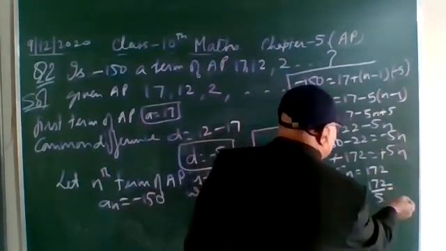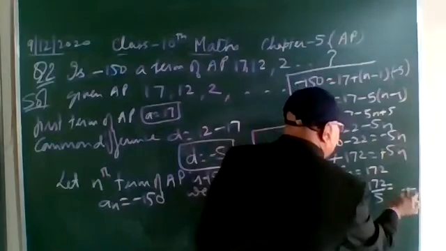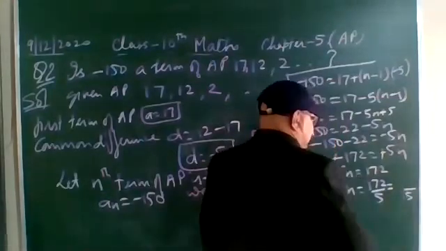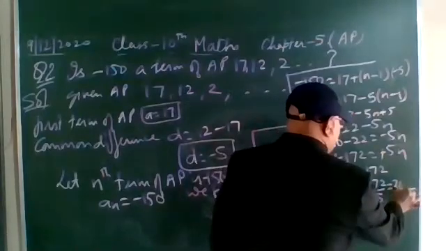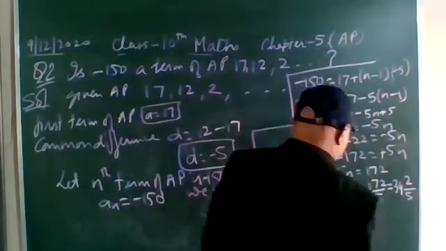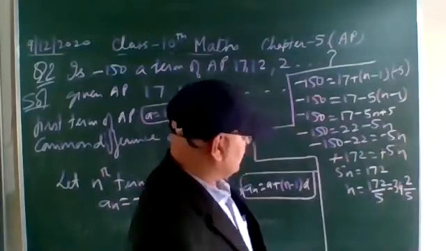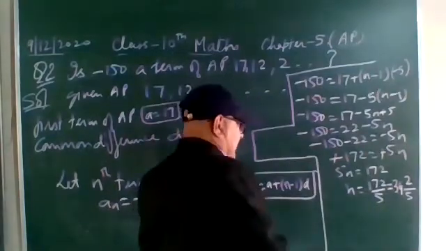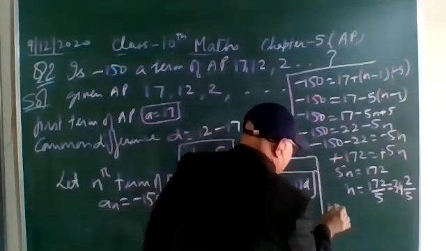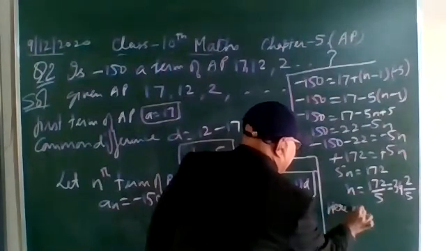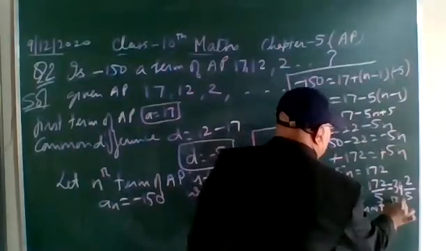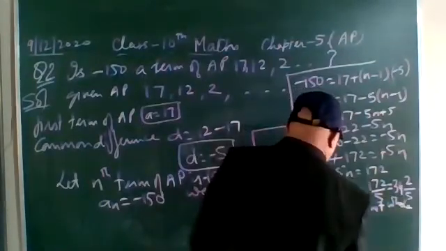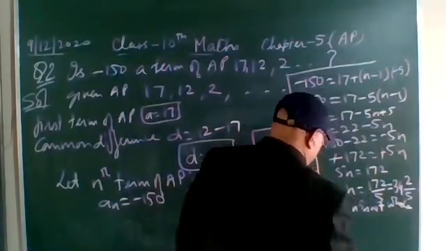So you are getting here 5, that is 3 of 15, 34, 2 upon 5. That is n. Here n is not a whole number.